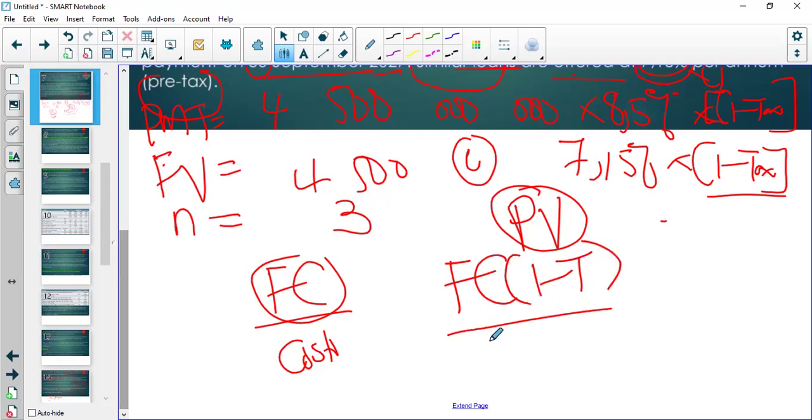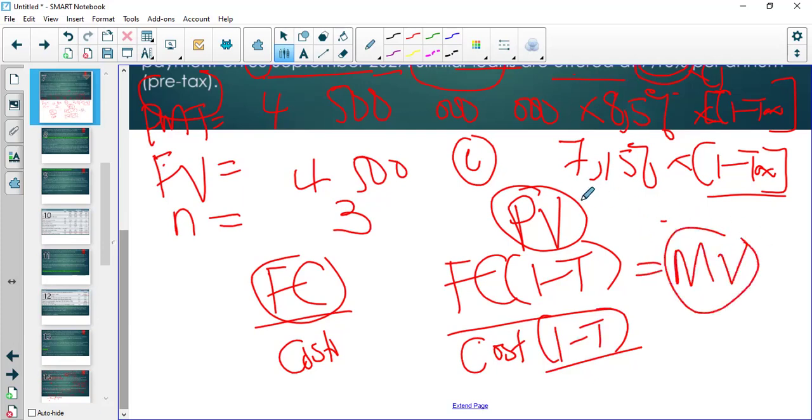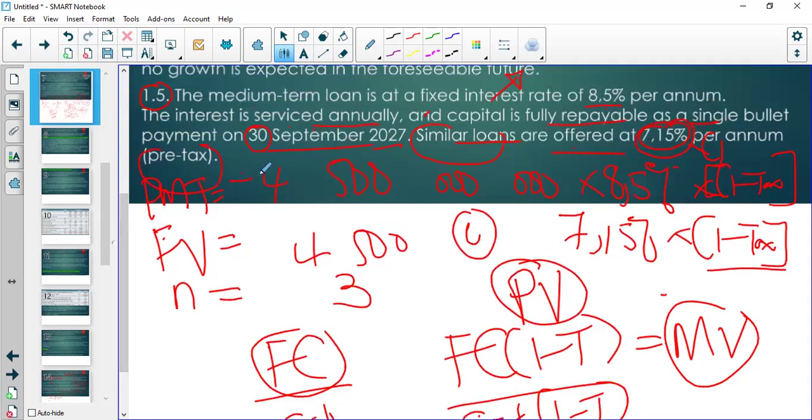So your finance costs times 1 minus tax, divided by the market cost for similar instruments times 1 minus the tax rate. Then this is going to be your approximation of the market value if we don't have a redemption date. But where we have a redemption date, we're going to use the formula. Or we can also use the cash flow formula where you say CF0, CF1, CF2, CF3, and all that together. You can also do that. We explained everything to you previously.